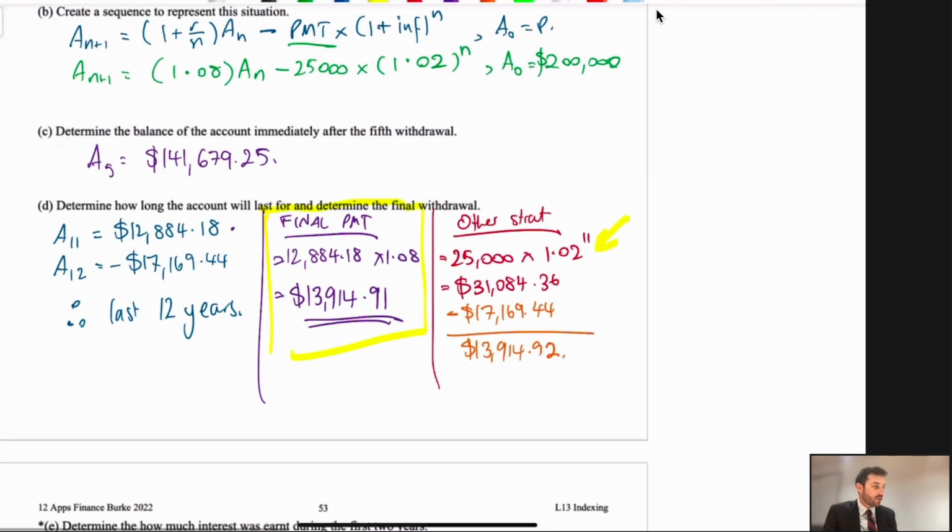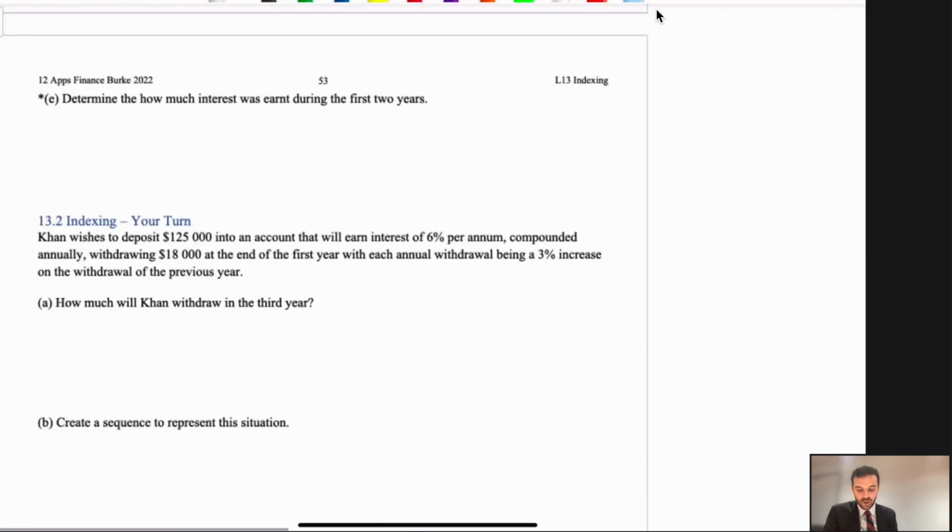E is not so straightforward. Determine how much interest was earned during the first 2 years. So how much interest was earned during the first 2 years? I'd probably do something like this.